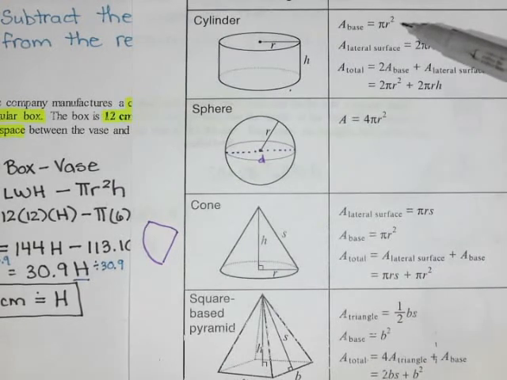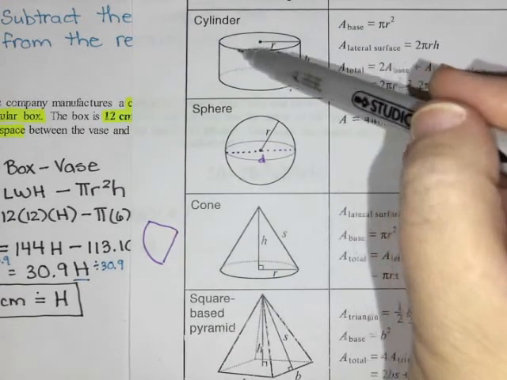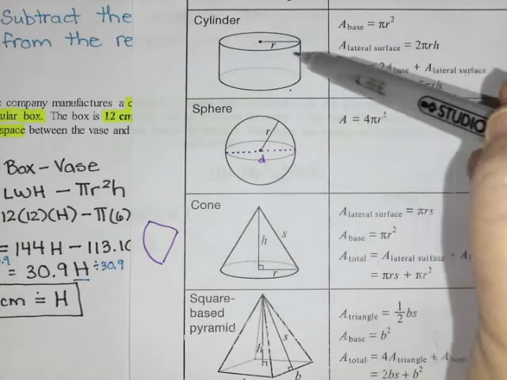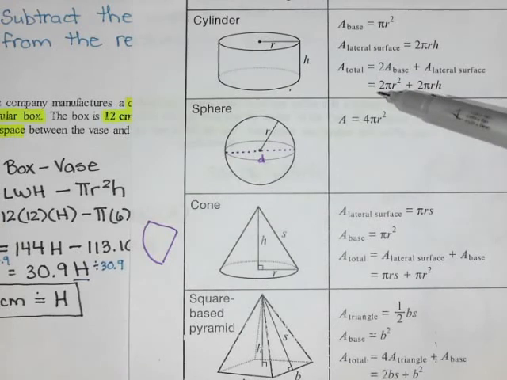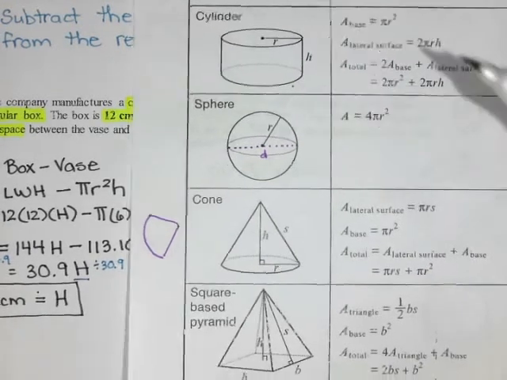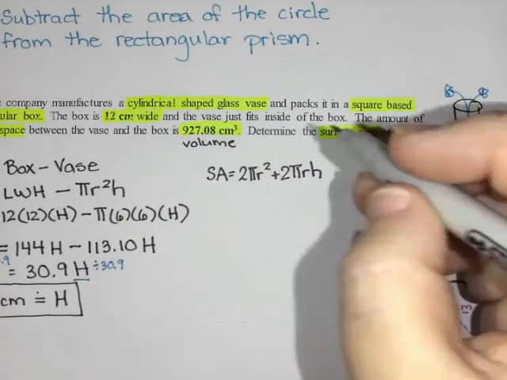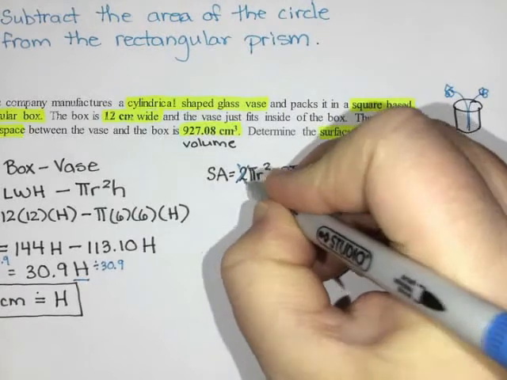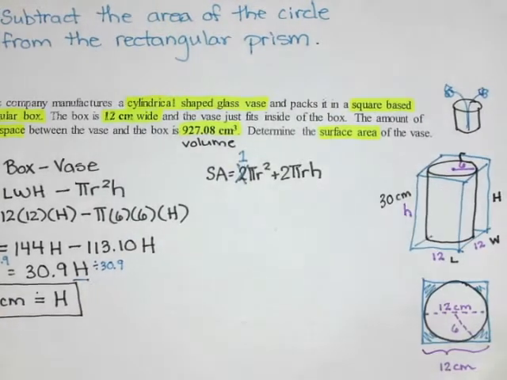So it does say on my formula sheet that the base, that circle, is pi r squared. So we need to take away the pi r squared that's on the top. In my formula, there are 2 pi r squareds because there's 2 circles, one on the top and one on the bottom. So here, I'm going to modify my formula by taking out the 2 from the pi r squared and just doing 1 pi r squared because there's still the bottom.